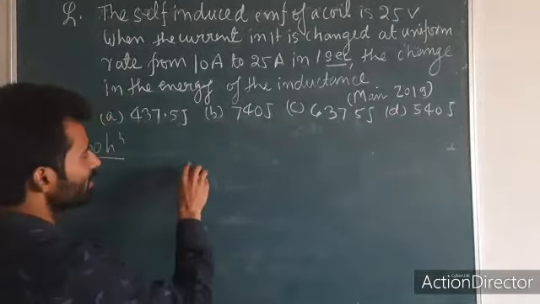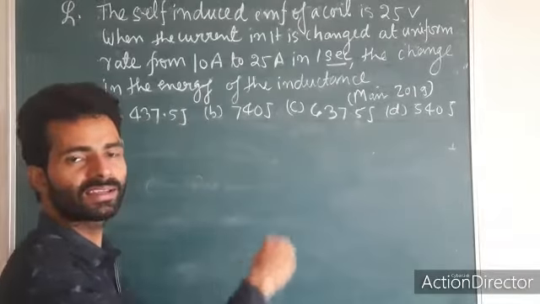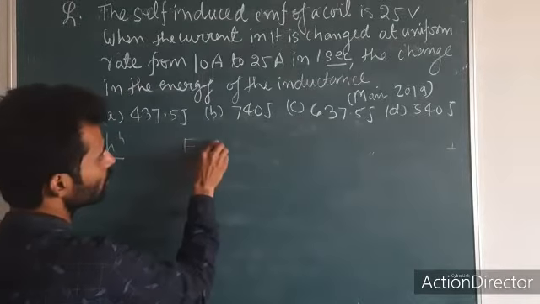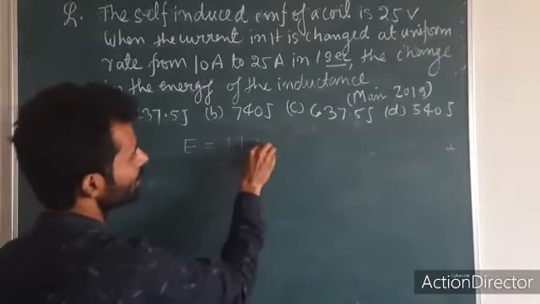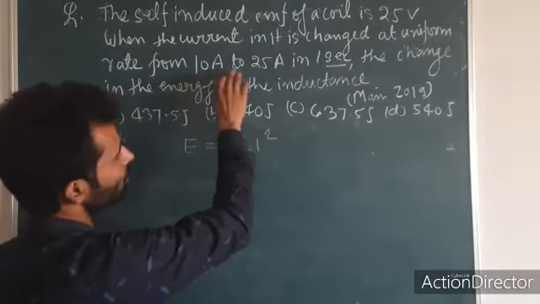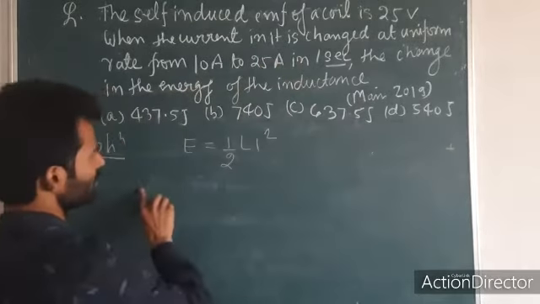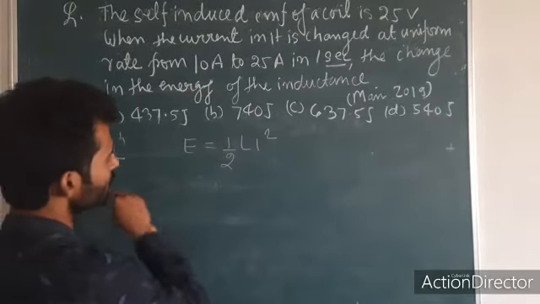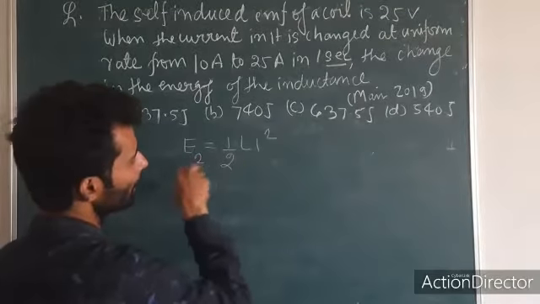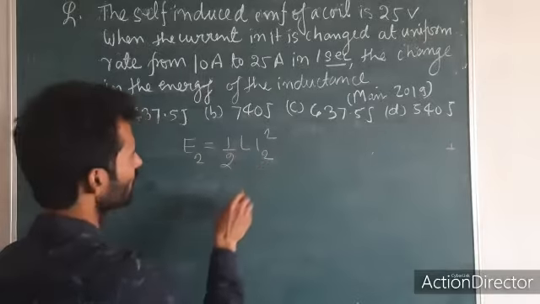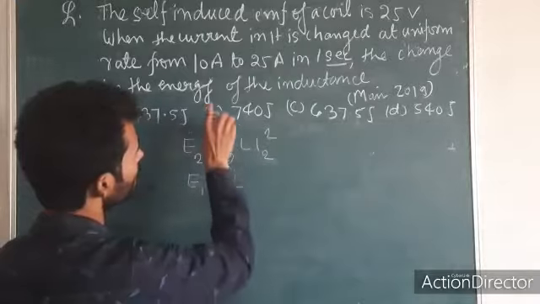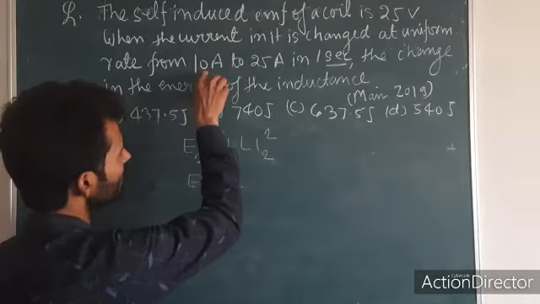as we know that energy stored in the inductor in the coil is E is equal to 1 by 2 L I square. Here current is changed from 10 ampere to 25 in 1 second. So let E2 is 1 by 2 L I2 square for current I2, and this is E1 for initial current 10 ampere.